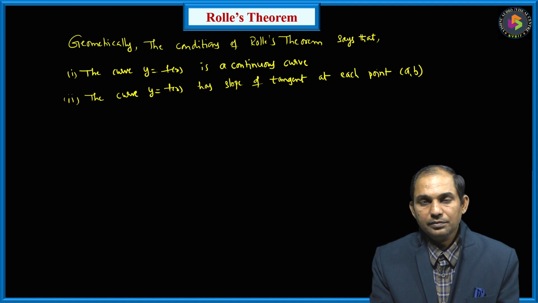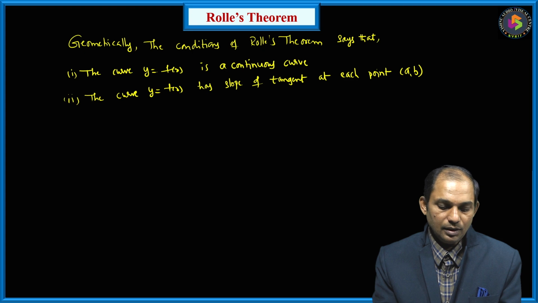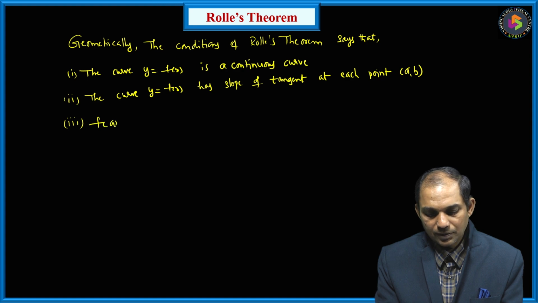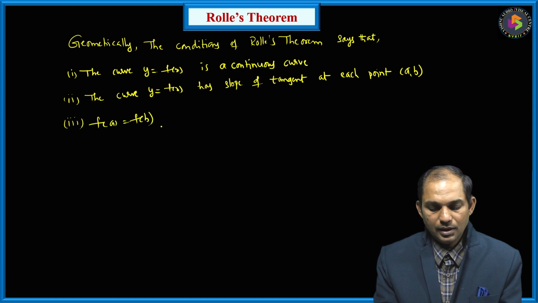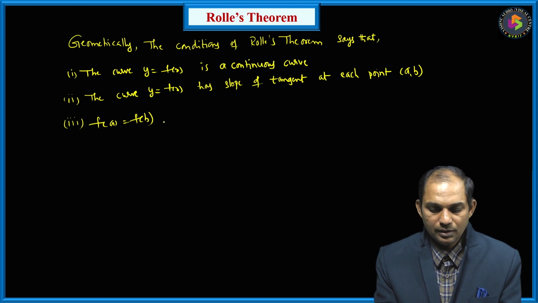The curve y is equal to f of x has a slope of tangent at each and every point on the curve corresponding to the points in a comma b. And the third condition says that f of a is equal to f of b. It means the function value at the left hand point is equal to the function value at the right hand point.